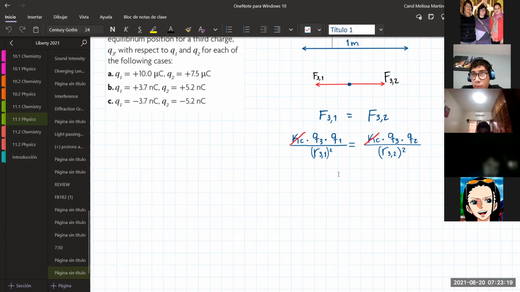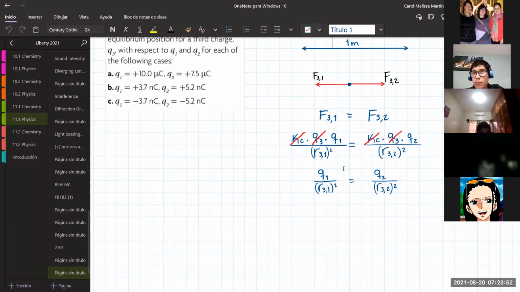Q3 is repeated, so we also cancel it. And then you can see that the equation is being simplified a little bit. So you have q1 divided by r31 to the second power equals q2 divided by the distance 32 raised to the second power.